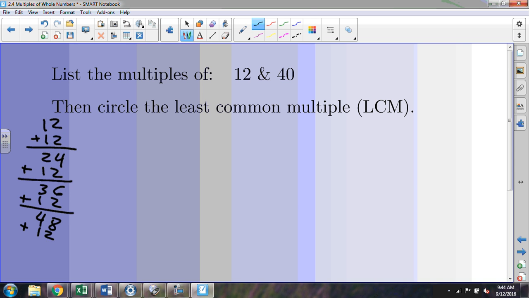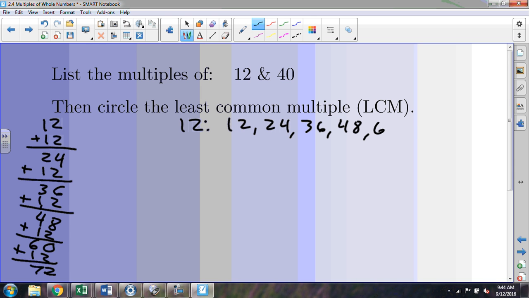Plus 12 gives me 60. Plus 12 is 72. And so right now, just by repeatedly adding 12, 24, 36, 48, 60, and 72. That's how far we've gotten so far.